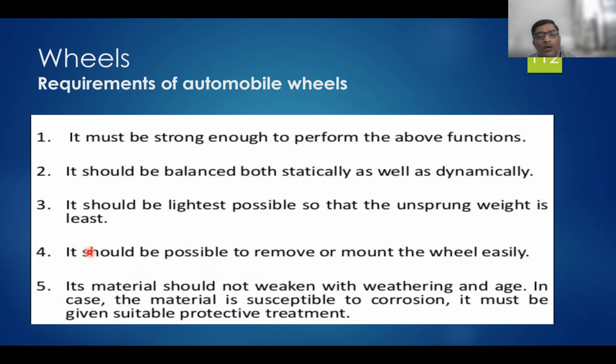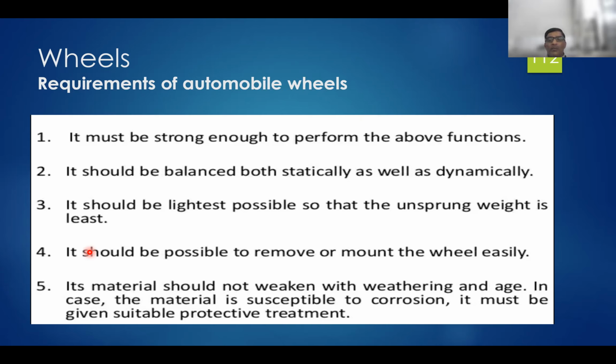Then whatever material is used should be good enough. The material should not weaken with weathering and age. So it should not have any effect from the environment. In case the material is susceptible to corrosion, it must be given suitable protective treatment.